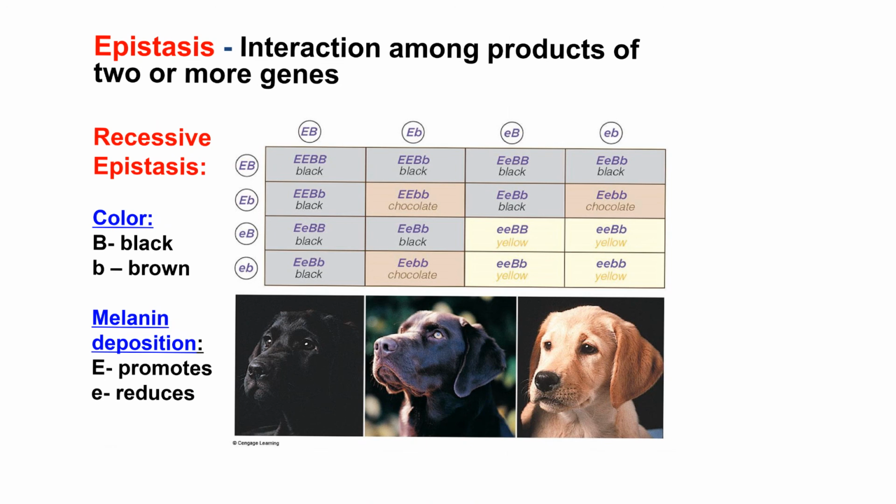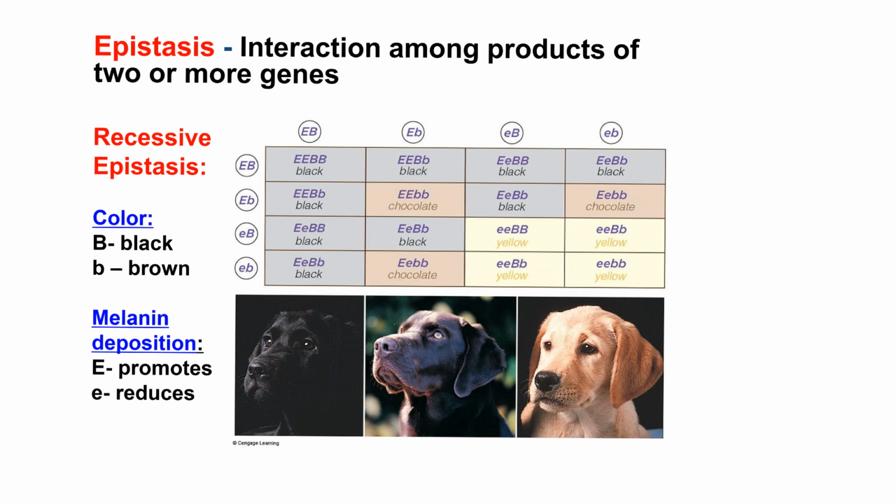Epistasis is a more complex interaction. It is an example of a much more complex interaction between two genes. In epistasis, one gene masks the appearance of the other one. Now, stop and think about dominance, epistasis. Dominance is allelic interaction; epistasis is interaction between genes.